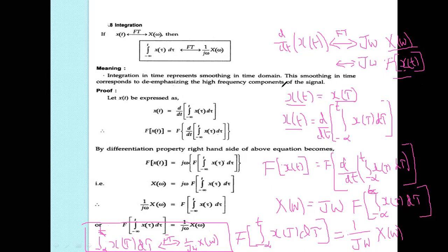Understood? So two or three times you can practice this one, definitely it is easy, you will get to derive the integration property of the Fourier transformation. Understood, my students?